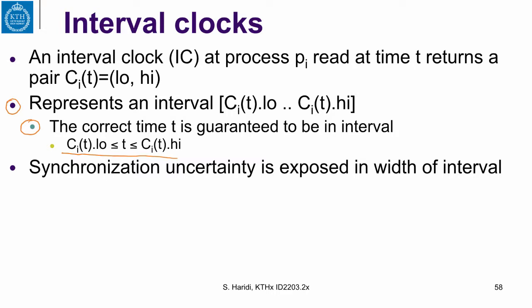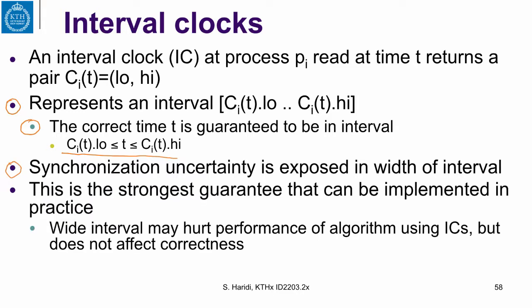So this is what we call the interval clock guarantee. Synchronization uncertainty is exposed in the width of the interval. And the longer the interval, the higher the uncertainty. And this is the strongest guarantee that can be implemented in practice.